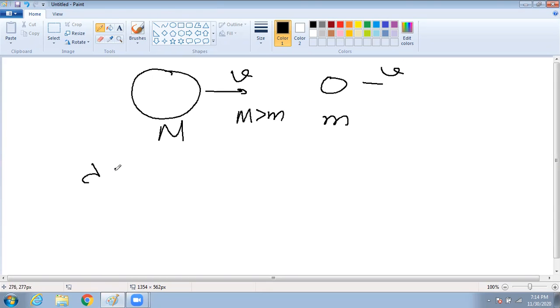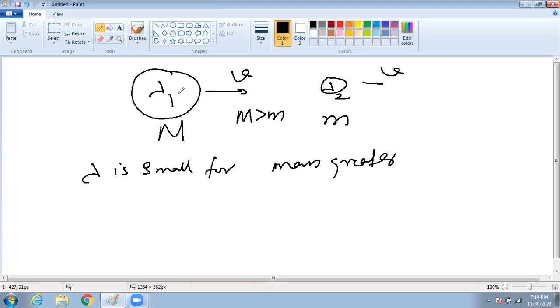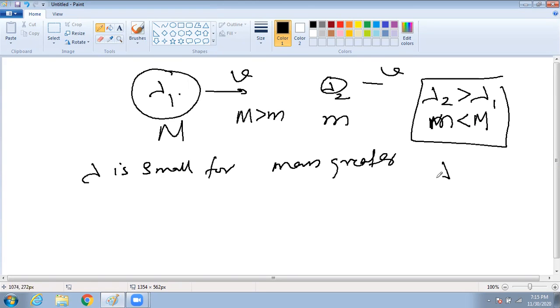So lambda is small for greater mass. That means lambda 1 will be smaller than lambda 2, so lambda 2 will be greater than lambda 1. That means lambda and the mass are inversely proportional.